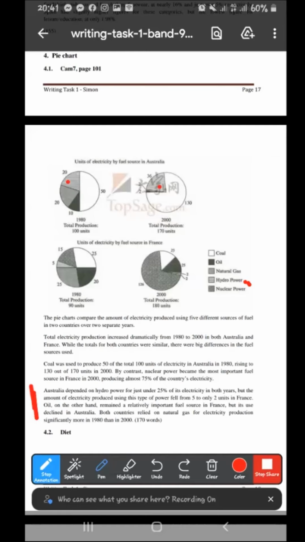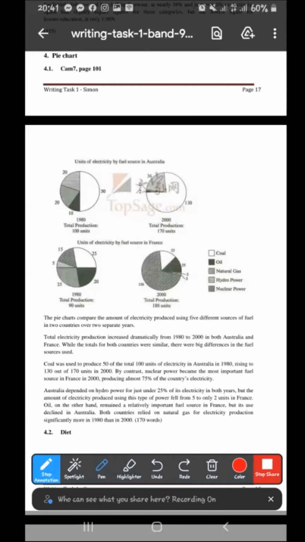And how do you determine that it's 25%? You can see the graph, the bar chart, the pie chart. It's 25%. I'm not talking about the 20 units, I'm talking about the 25%. It's just a quarter, and it says under 25%. It's almost one quarter, and one quarter is 25%, but it says under 25%.